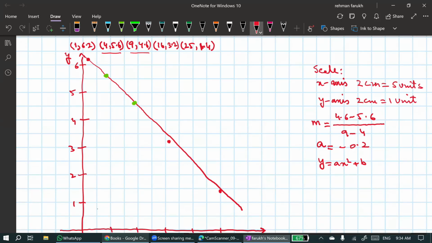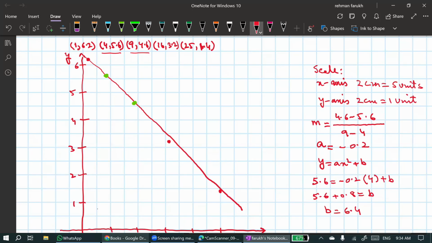I will use the first point: 5.6 is equal to minus 0.2 into the value of x square, which is 4, plus b. 5.6 plus 0.8 is equal to b, and b is equal to 6.4.